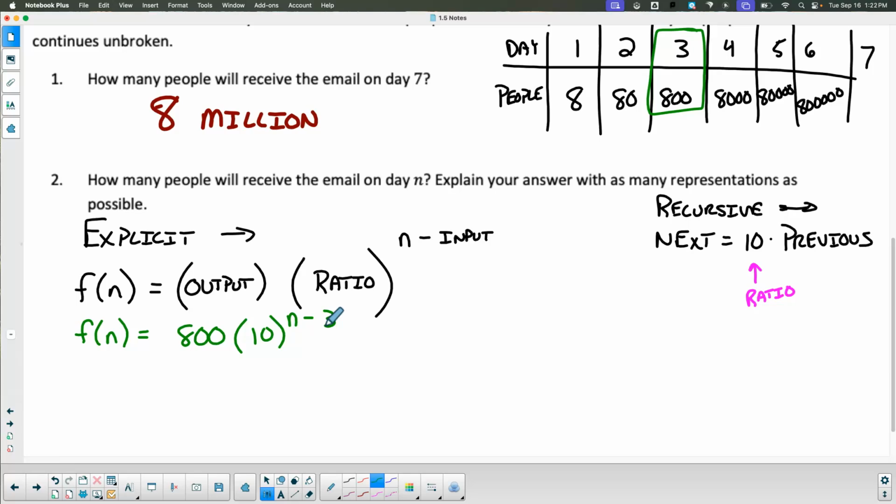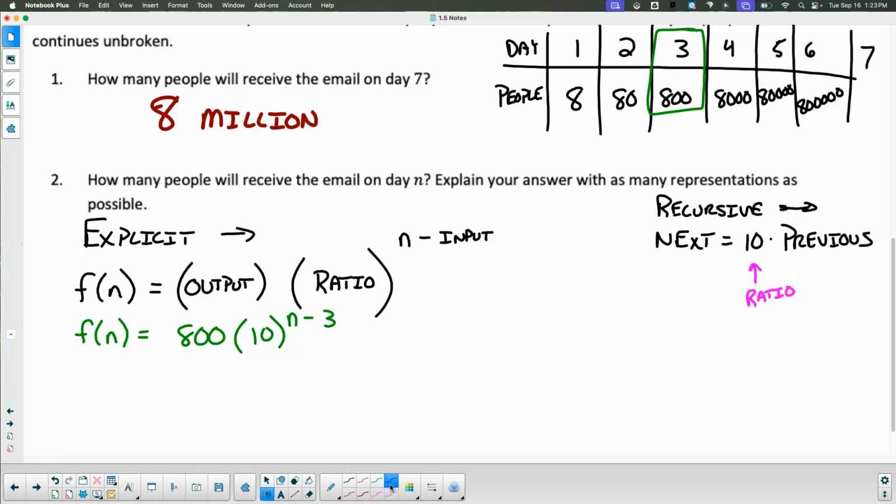Let's check it with a different one. Let's check it with 5. 5 minus 3 is 2. 10 to the second power is 100. 100 times 800 is 80,000, right? Add 2 more zeros to it. 80,000 was what we had for number 5. Okay? Let's say you didn't want to use that one.